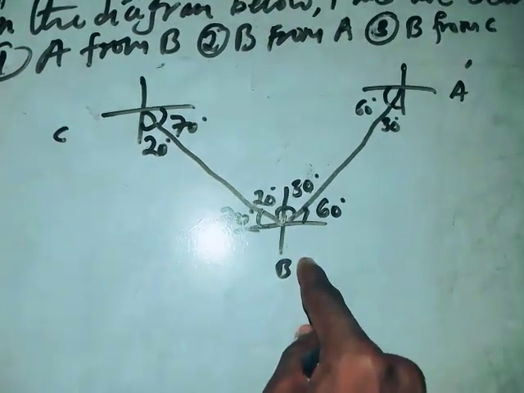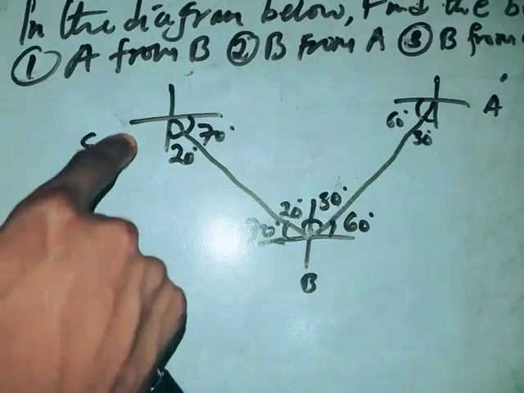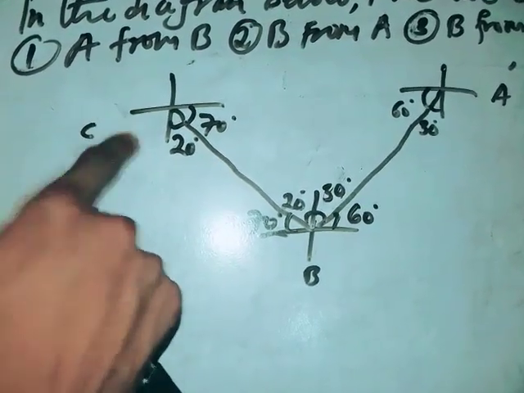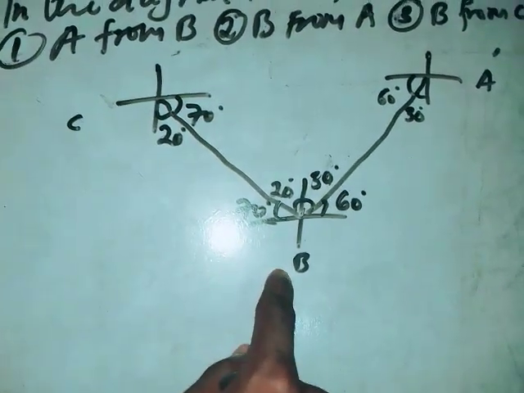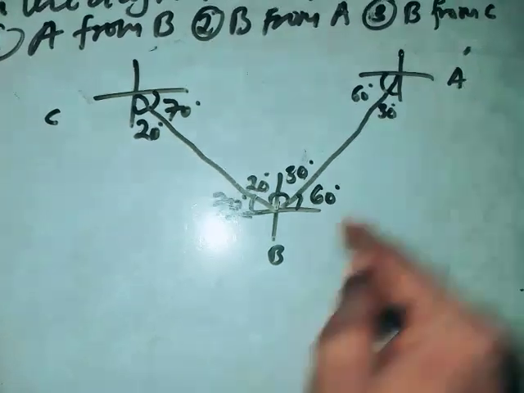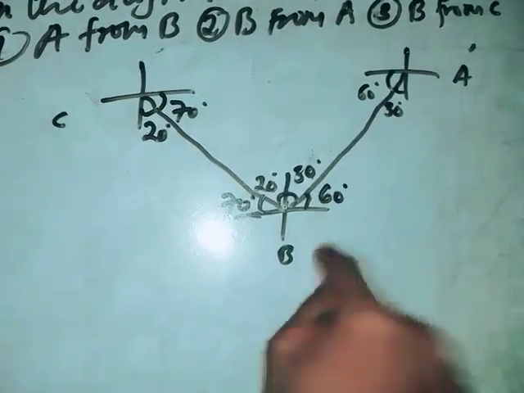So if I ask to find a bearing of point B to point C, you are going to find that bearing in point C. So you are getting me? If I say find a bearing from point C to point B, you are going to find it in the second point, which is point B. So if I say find a bearing from point A to point B, you are going to find it in the second point, which is point B.